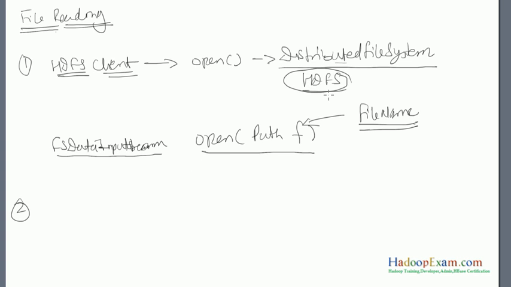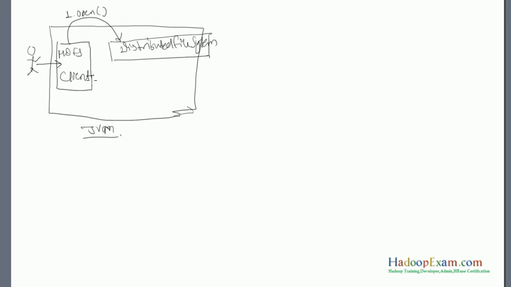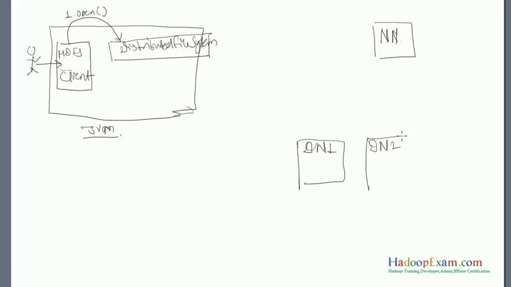Now as a second step, it is the distributed file system's responsibility to get all the block locations of your file. So you know the file you want to read is divided into multiple blocks. Let me draw again. This is your name node in the Hadoop cluster, and there are 3 data nodes: data node 1, 2 and 3.